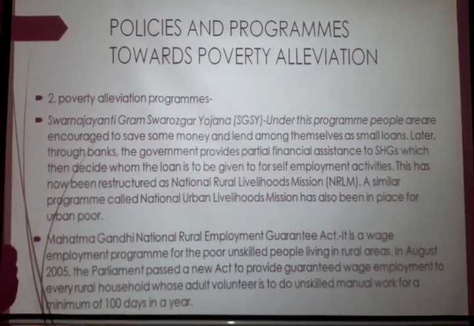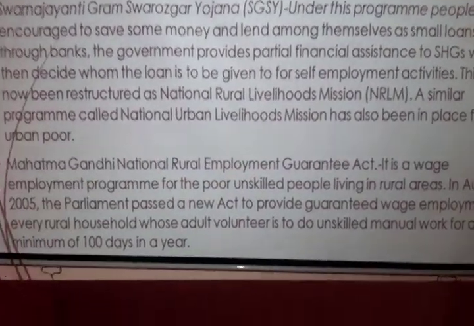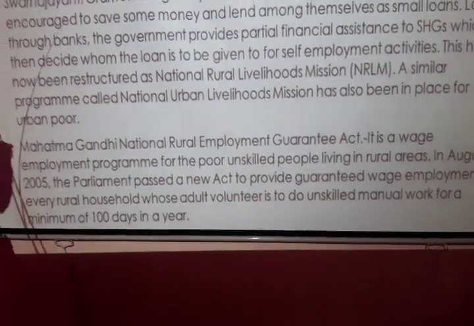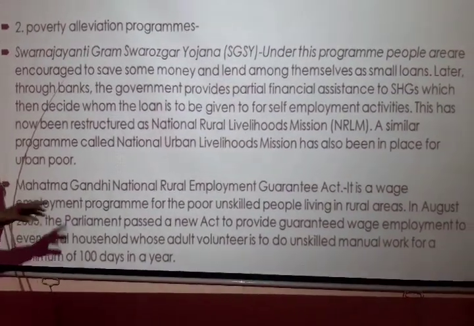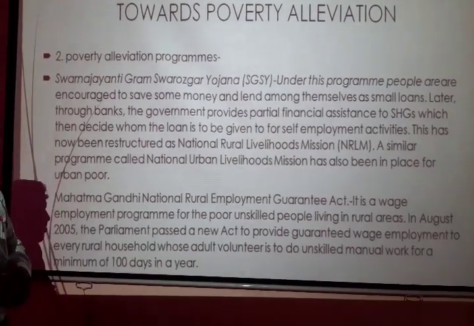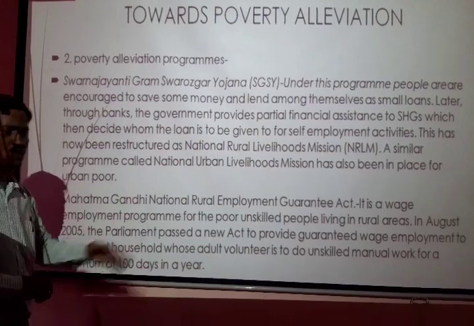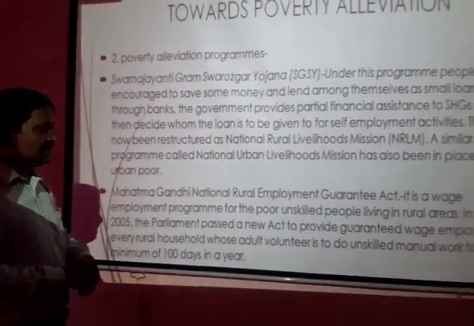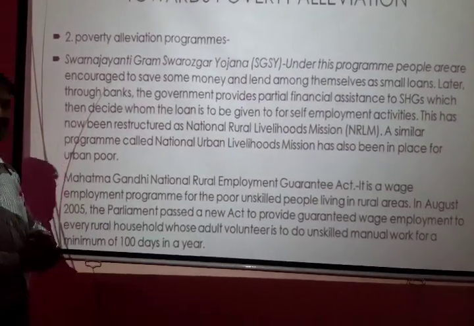Next is the Mahatma Gandhi National Rural Employment Guarantee Act. It was passed in 2005. Parliament passed a new act under which wage employment is guaranteed to rural households for at least 100 days a year. Those who are able and willing to work can be provided unskilled work for a minimum of 100 days.